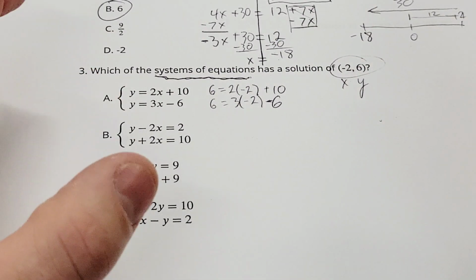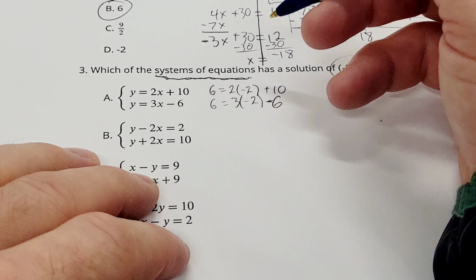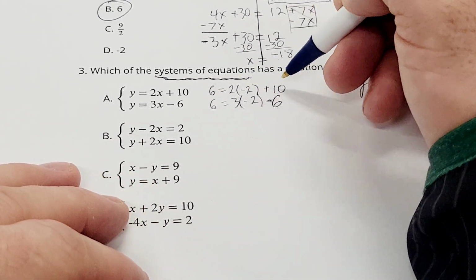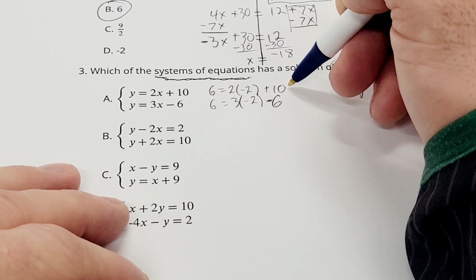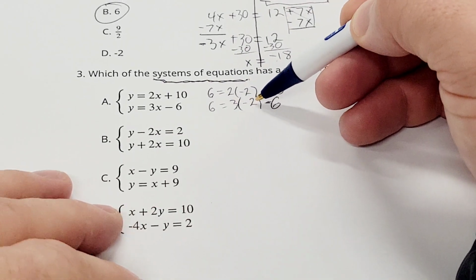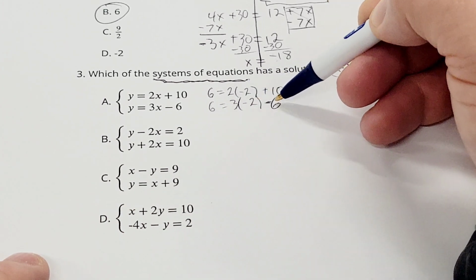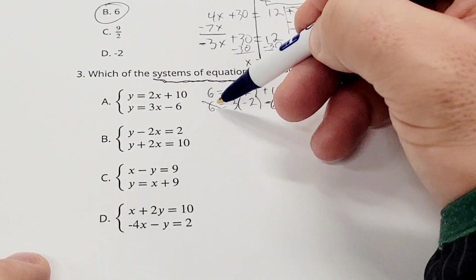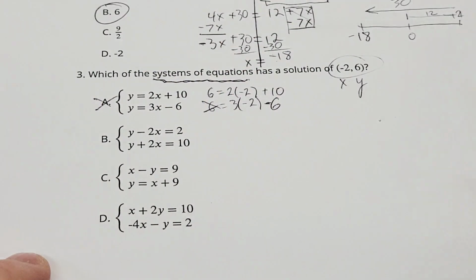I don't have to keep testing that system. Okay, so I look here, this is going to be 2 times negative 2 is negative 4. Negative 4 plus 10 is 6, so it works for that one. But in this one, 3 times negative 2 is negative 6 minus another 6 is negative 12, not 6. Okay, so that doesn't work.